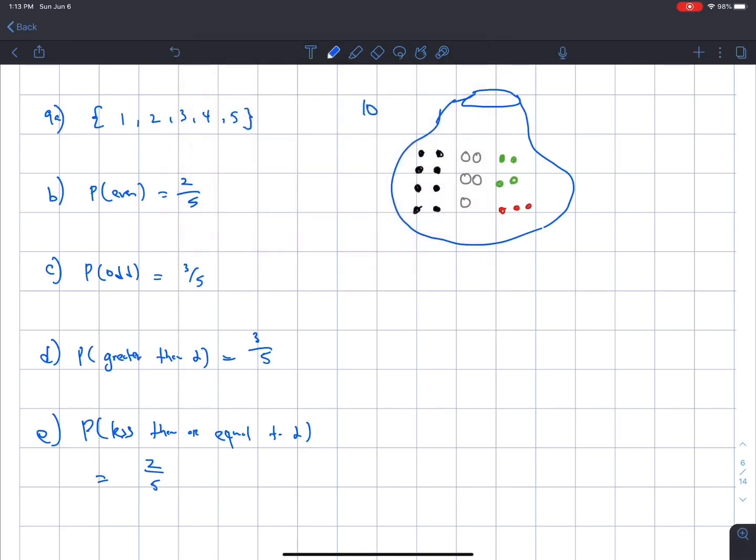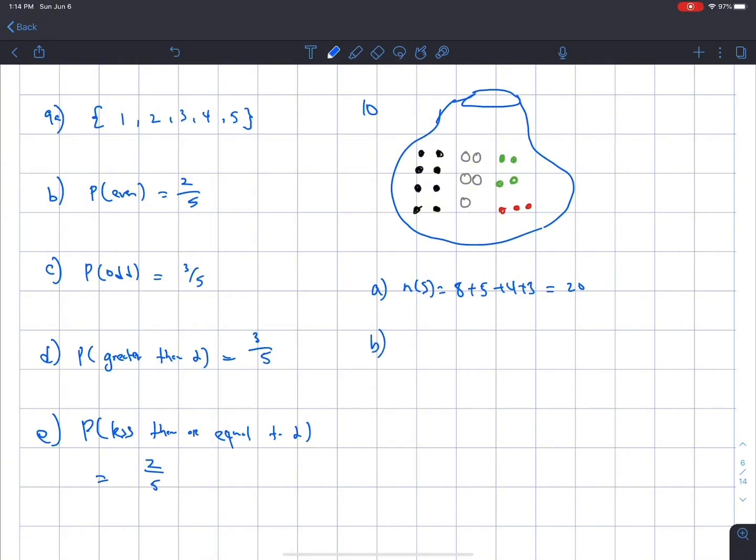So n(S) is just the number of possible outcomes in the sample space. That should be 8 black plus 5 white plus 4 green plus 3 red, and we just add it up. We get 20.